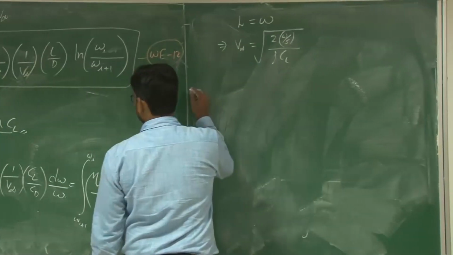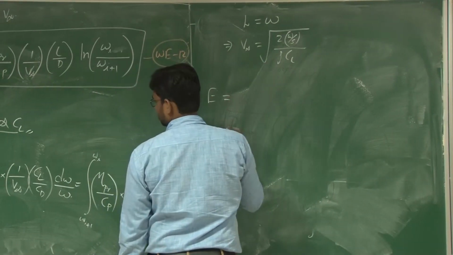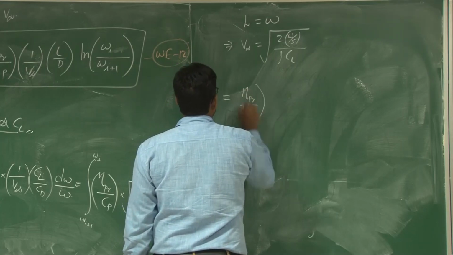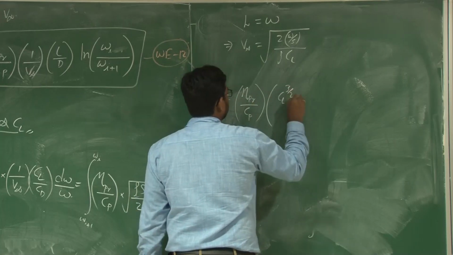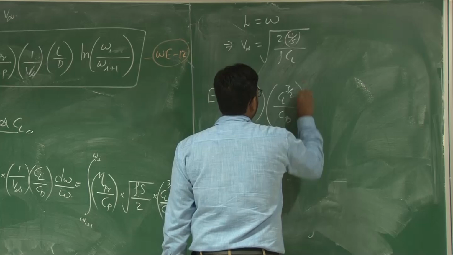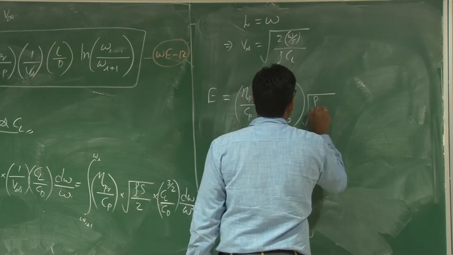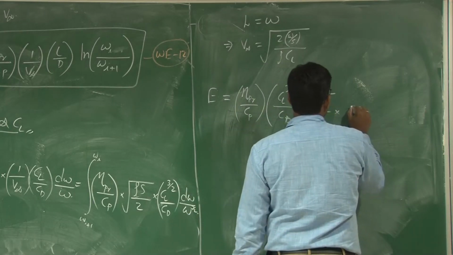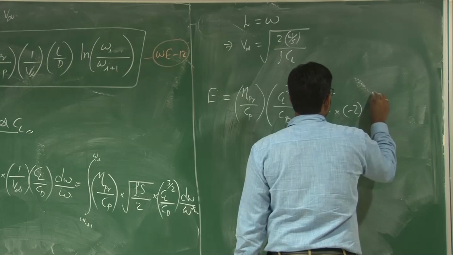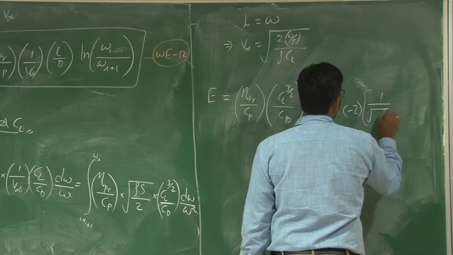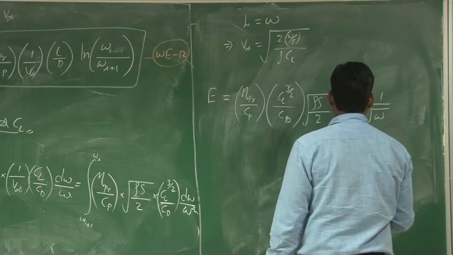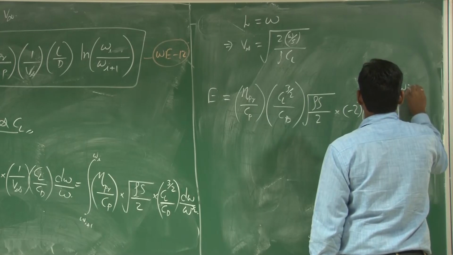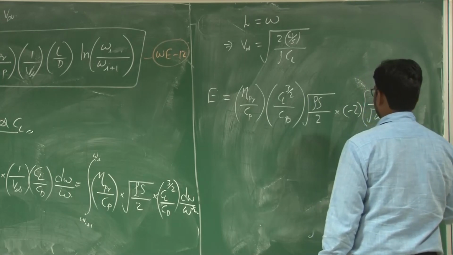So the endurance for this case is equal to eta of the propeller by Cp into CL power 3 by 2 by CD into under root rho S divided by 2 into minus 2 into 1 by root over W from Wi to Wi plus 1, right.